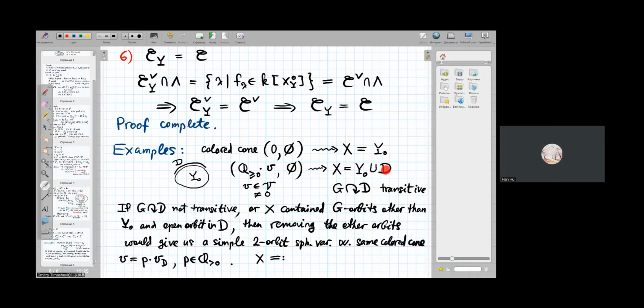Or maybe it's better to say the closure of D will be a divisor in this projective variety. But if you embed Y naught differently in another projective space, then this embedding may not extend to X.